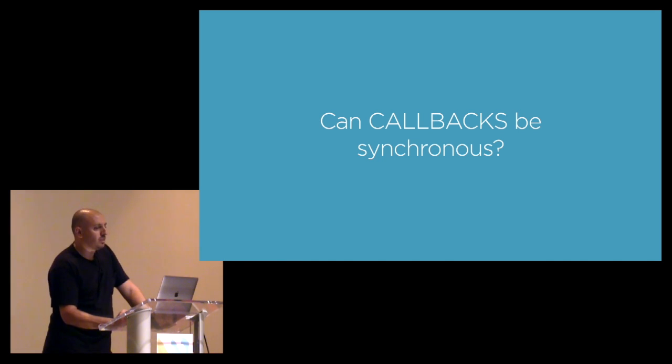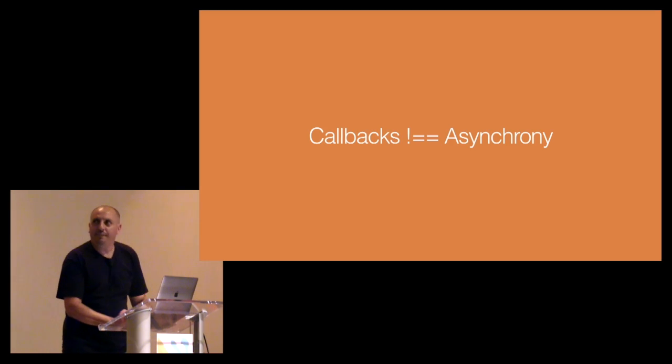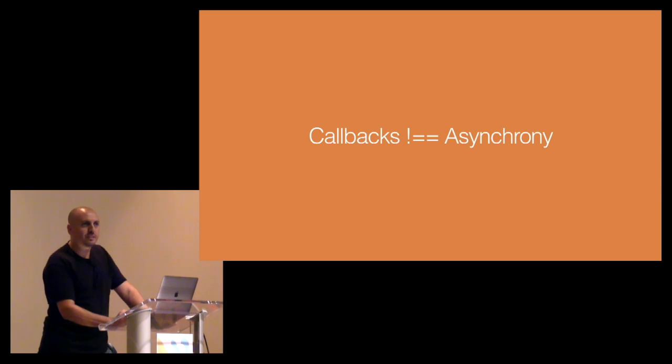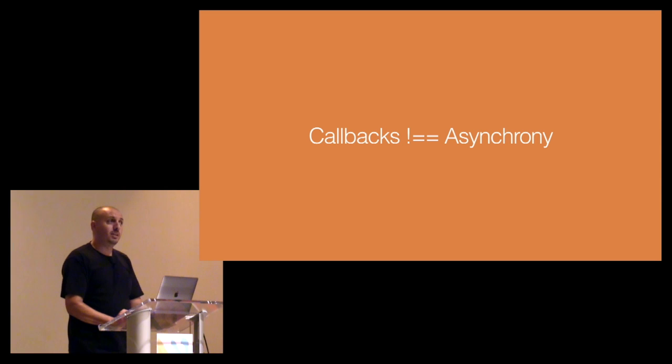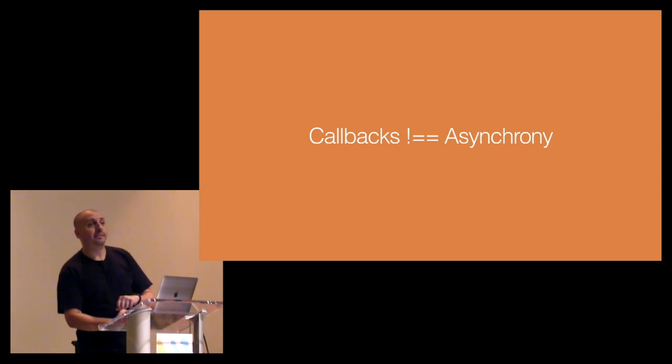Of course. Callbacks do not indicate asynchrony. Just because it's a callback does not mean it's asynchronous code. You can totally do a synchronous callback. And sometimes your function is going to be either synchronous or asynchronous based on some conditions. And that's actually bad. You want your functions to be either always synchronous or always asynchronous.